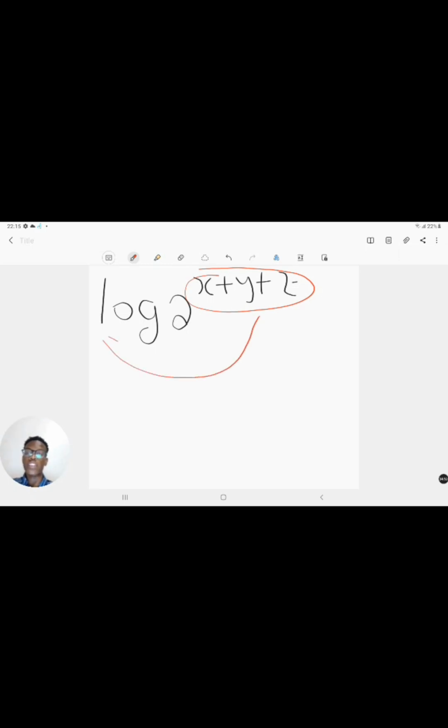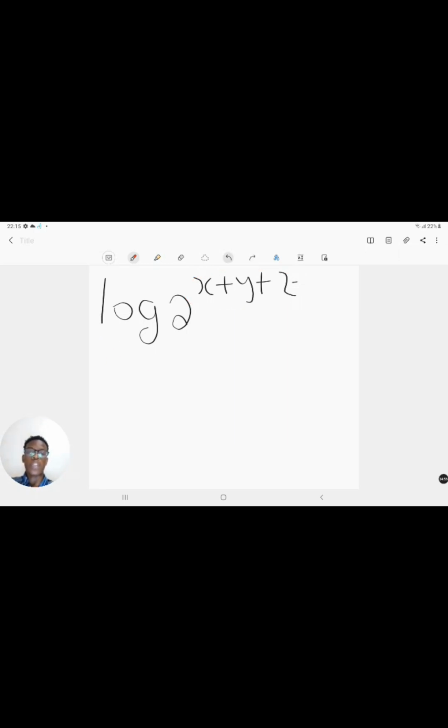Let's say you've got log, it doesn't matter what the exponent is, right? You've got log 2 to the power of x plus y plus z. Doesn't matter. Don't let stuff like this scare you. What is your exponent here? Your exponent here is x plus y plus z. Okay, that's what your exponent is. So what do you do with your exponent? You take it and you make it your coefficient.